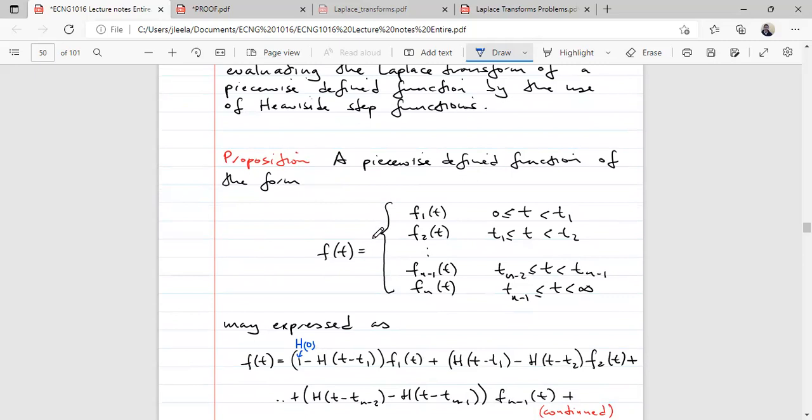So we have the function here defined in 4 parts here, right? So f of t is f1(t) between 0 and t1.